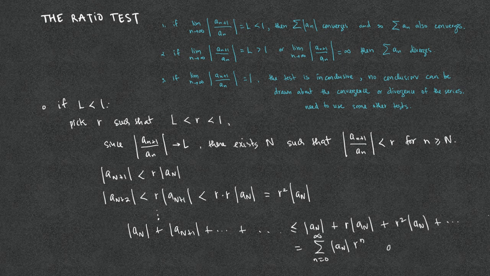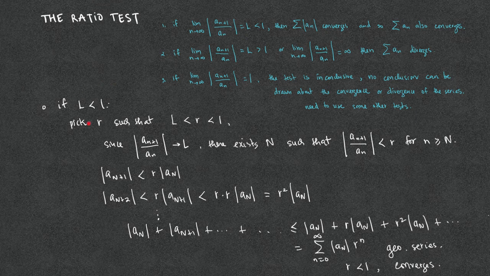We recognize that this is a geometric series, and since the ratio r is less than 1, this series converges. Even though we add up all of the terms from a sub capital N, we see that this series converges, so the sum is finite. If we were to add all of the preceding terms, which is finite, the entire series is still convergent.